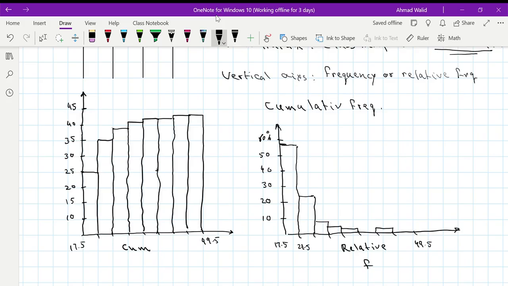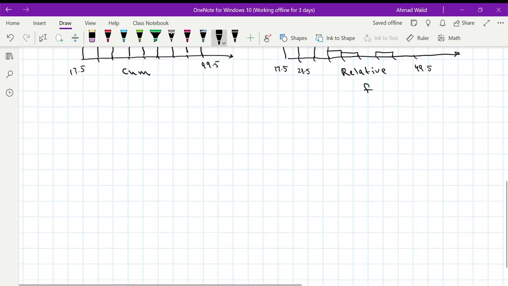And the first one, which I drew for you, that was a frequency histogram. It's not difficult. It's really easy as long as you know which values you put on your horizontal axis, which values you use for the vertical axis. Graphing is so easy.